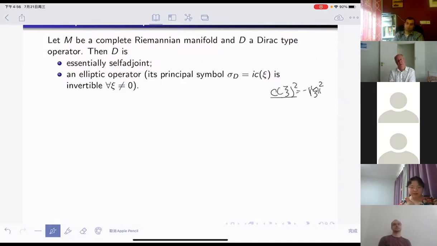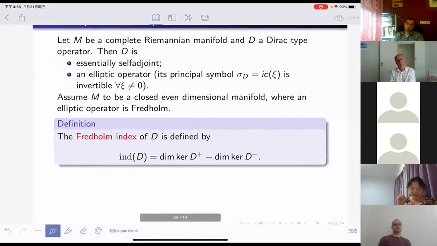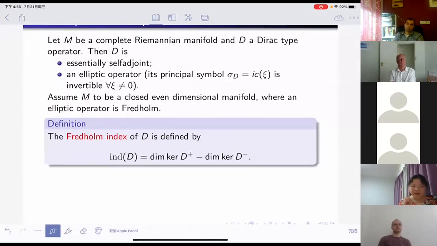In any case, a Dirac operator is elliptic. And with this condition, one can say that this operator is Fredholm when the manifold is closed, which means it's a compact manifold without boundary.